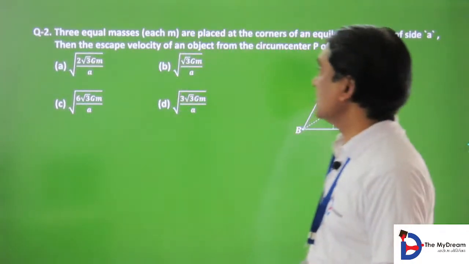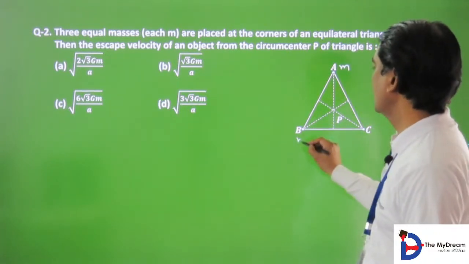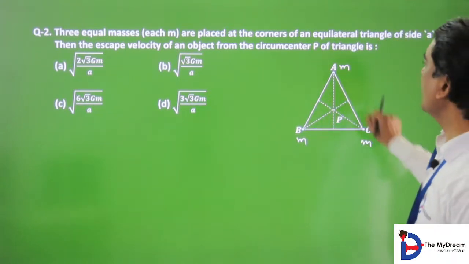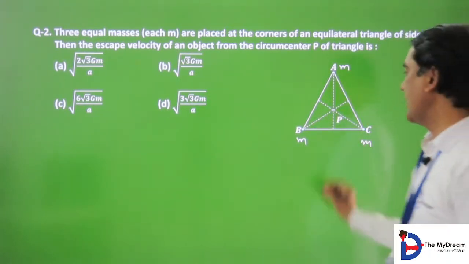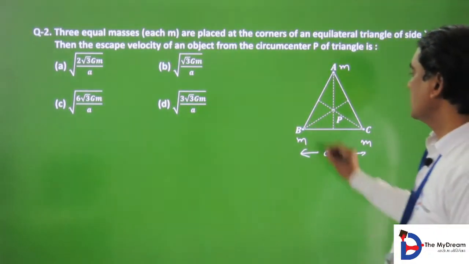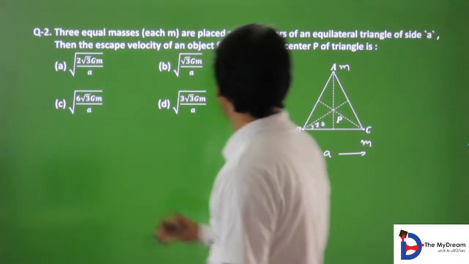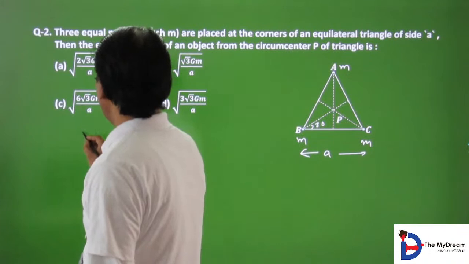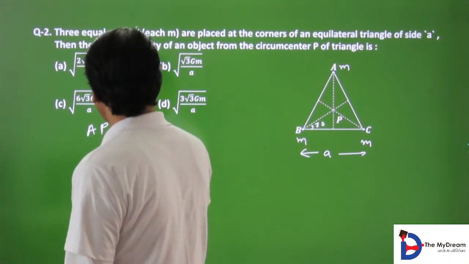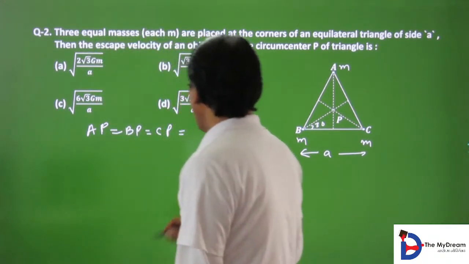Now, three equal masses, each of small m, are at the corners of an equilateral triangle of side a. Here, AP is equal to BP, which is equal to CP.